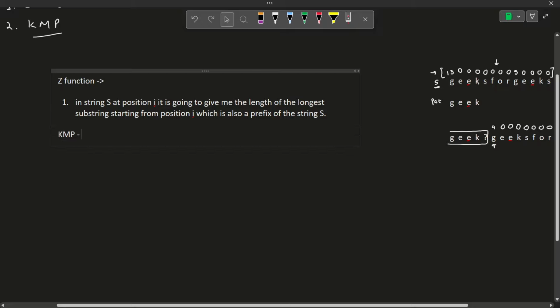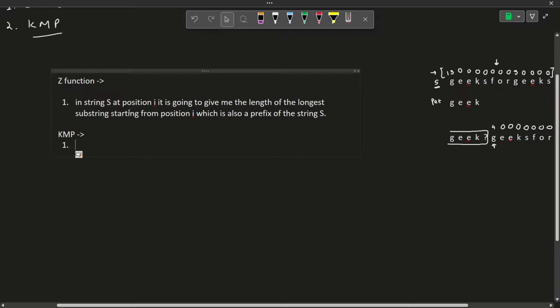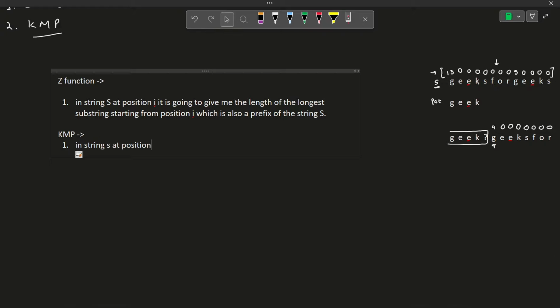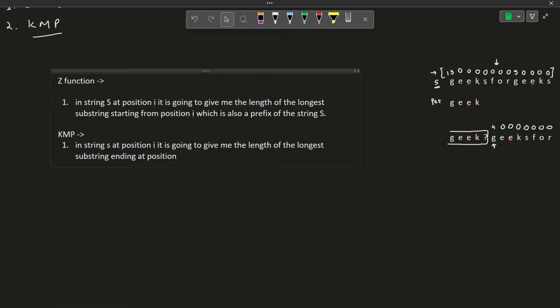So KMP is also very similar, but it has a slightly different output. So in string s at position i, it is going to give me the length of the longest substring ending at position i, which is also a prefix of the string s.